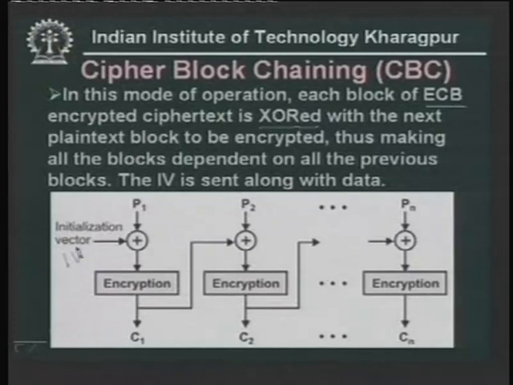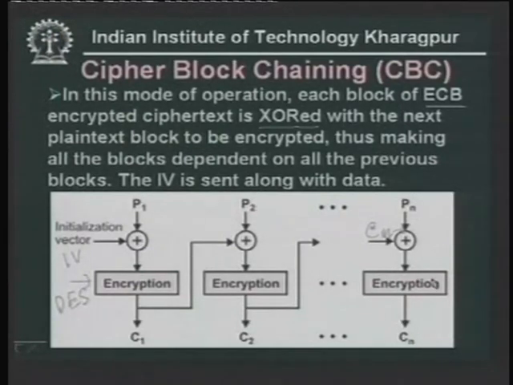Also, C1 is exclusive-ORed with P2 and then encrypted by using the Data Encryption Standard. So, by using DES the encryption is being done, and C2 is used to perform exclusive OR with P3 and so on. So, Pn is exclusive-ORed with Cn minus 1 and then encrypted to generate Cn.